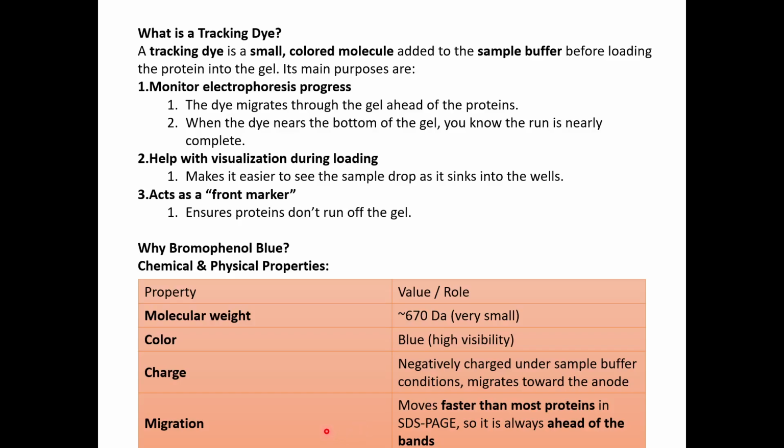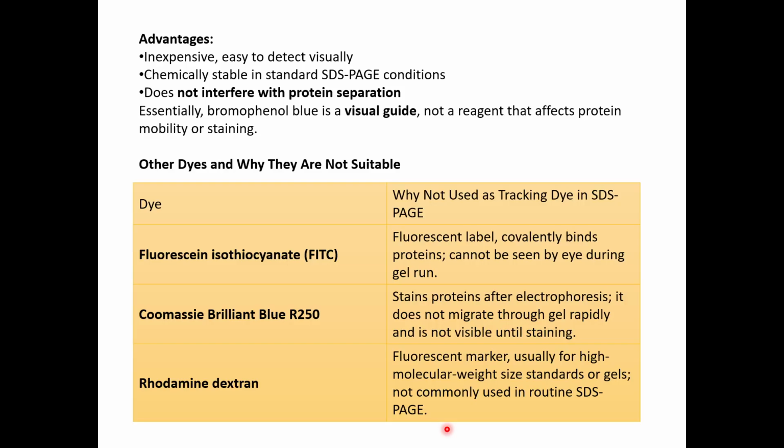It moves faster than most of the proteins in your SDS-PAGE. Since it is 670, anything above that, even a 5 kilodalton protein, and most proteins are in the kilodalton range, will be just above your dye front. Your dye's migration is always faster than your protein, so it will always be ahead of your actual protein bands.